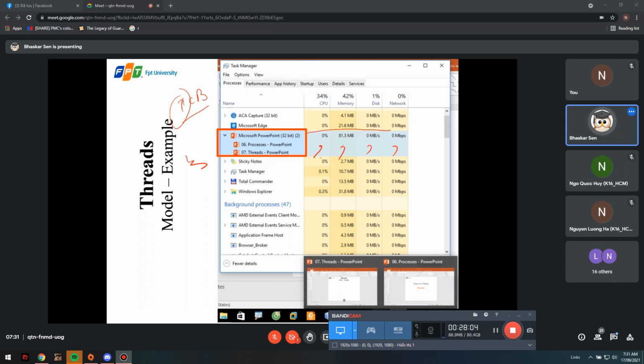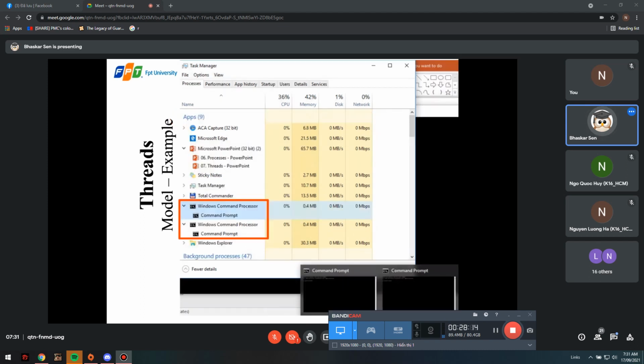PCB is right here. There's a reason why TCB is missing in the process table. Look at the next one. If it's a single-threaded program, just by looking at it, you understand that this particular program supports a single thread. And again, the detailed information about a thread is missing.